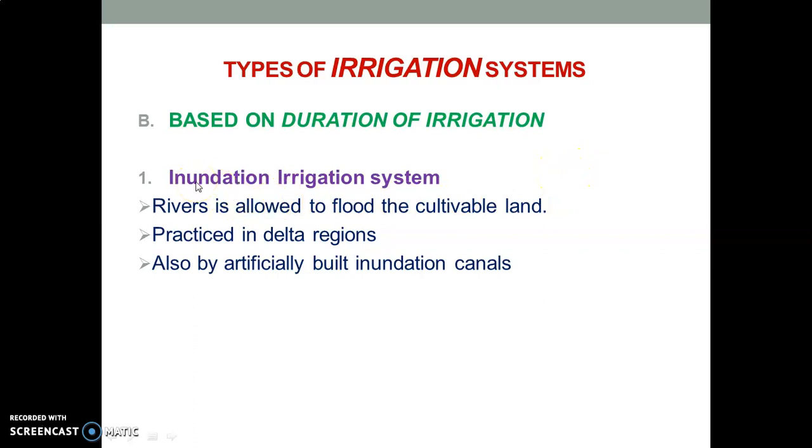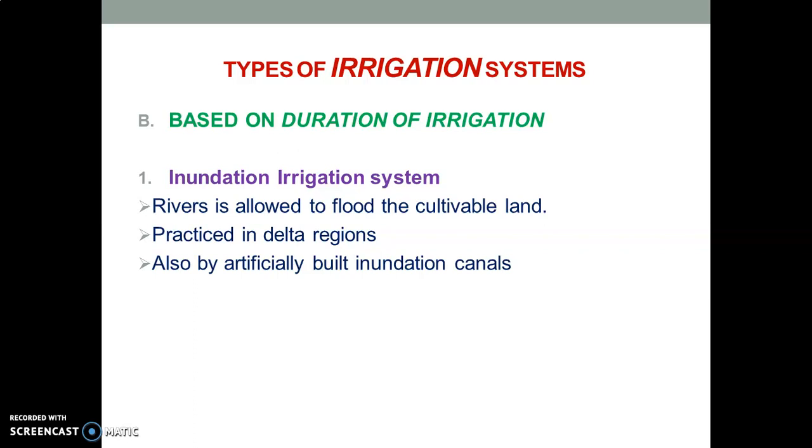Now this inundation irrigation system is used in places where the irrigation source or the water source is not available year round. So what happens when the river or surrounding source gets flooded?